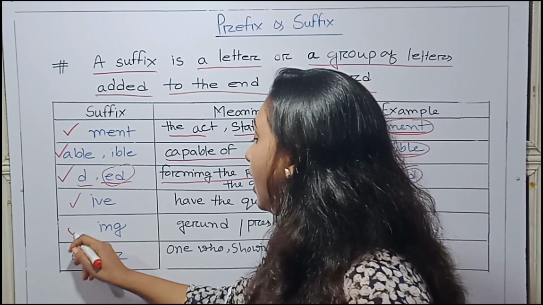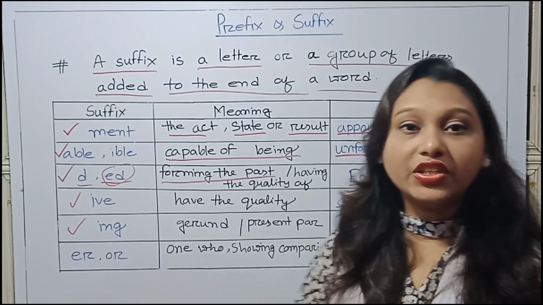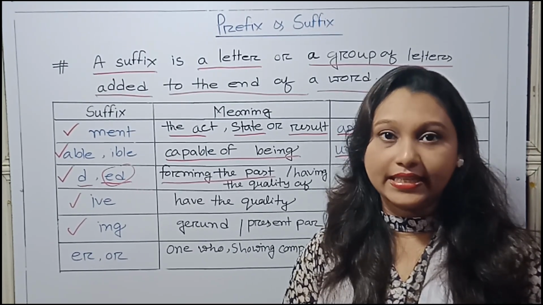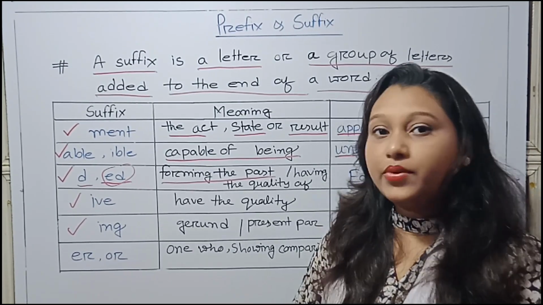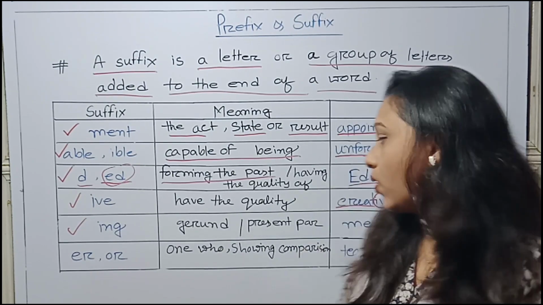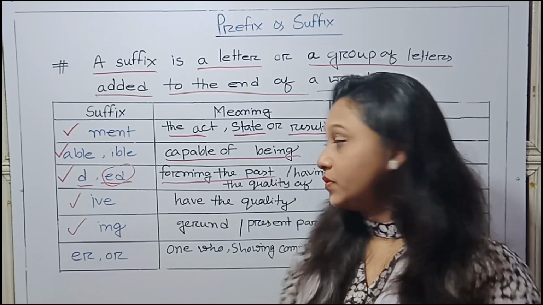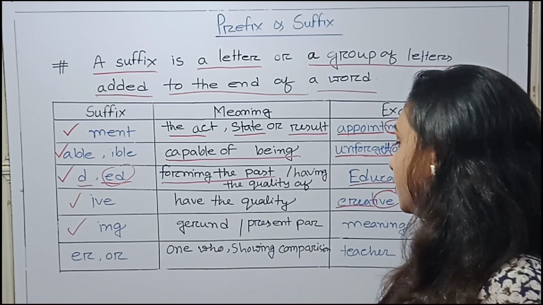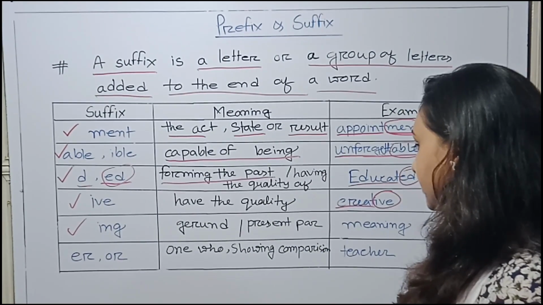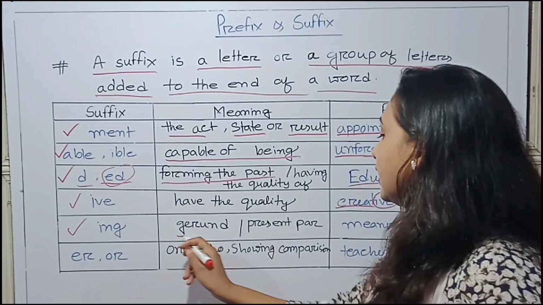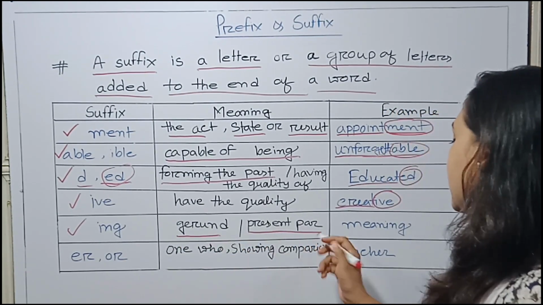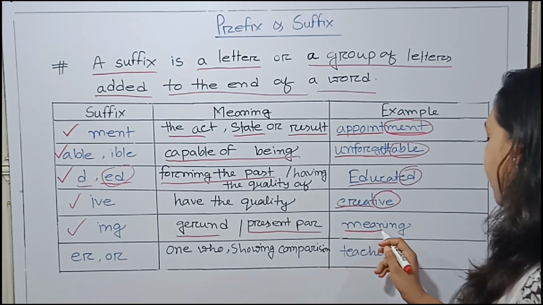Next one, ing. Ing can be used in a sentence in two ways. You can use it as a gerund or present participle. Here you can see mean.